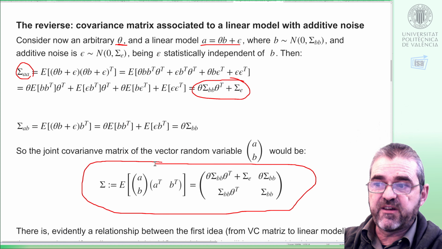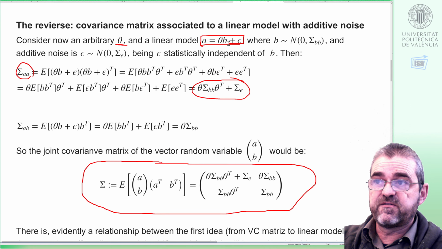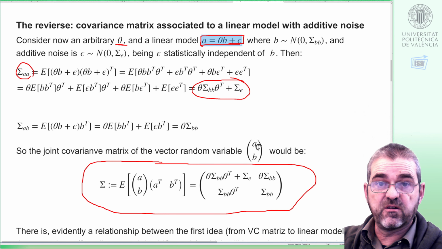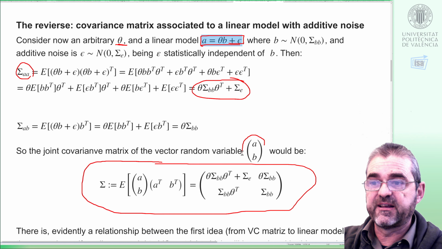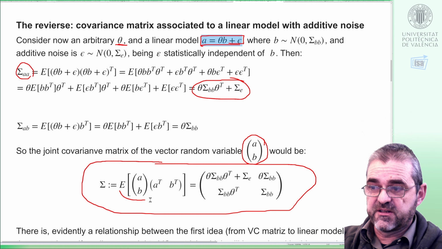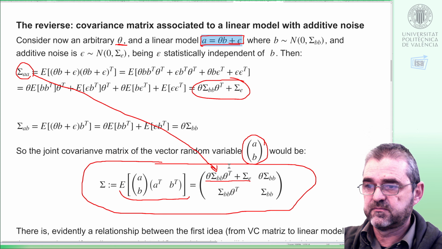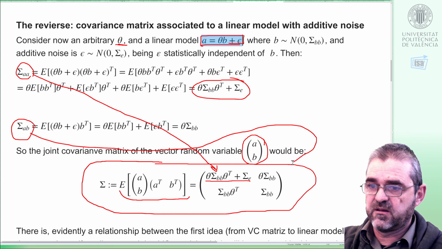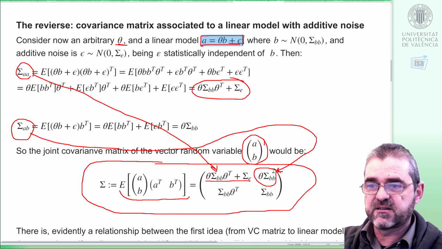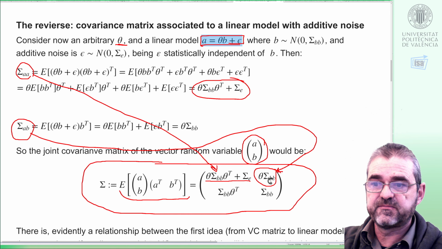So if I have a linear model with additive noise, like here, relating A and B, then the joint covariance matrix of the vector of random variables A, B column is this expectation. And here we have the variance of A, and in the non-diagonal elements we have a covariance transposed here and here.